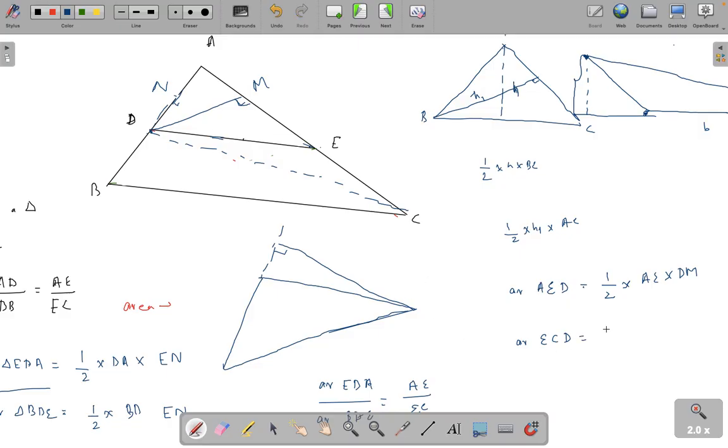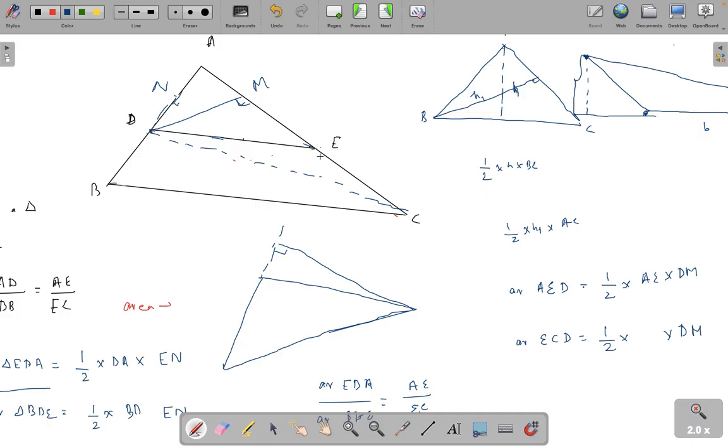So this will be half times, what is your base here? DE, right? So see again, what is the perpendicular? DM is the perpendicular. So DM is falling into which line? CM.